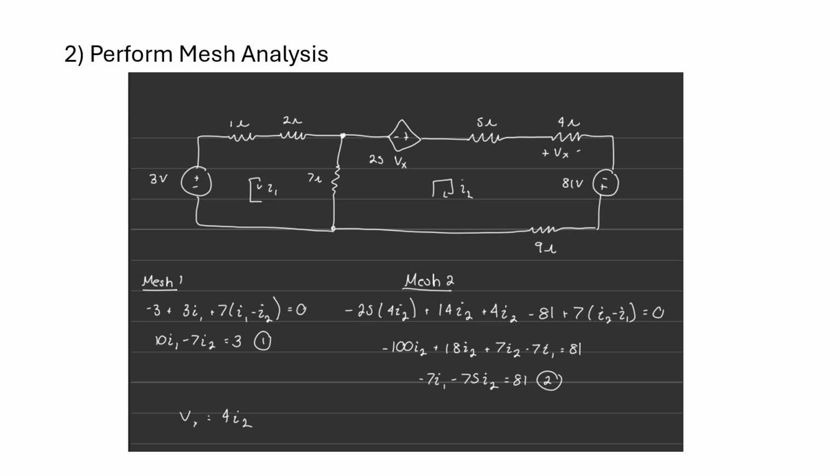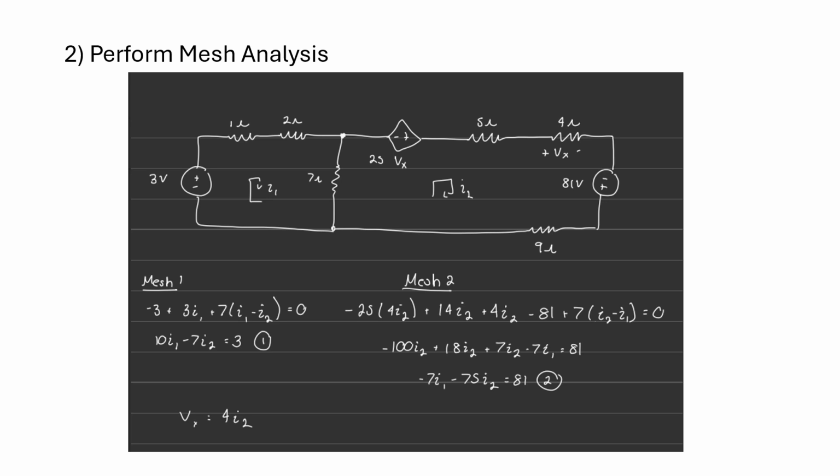So I've written below the simplified circuit and assigned two currents to the left mesh and the right mesh, which I've labeled as I1 and I2 respectively. Now, when we do KVL on the left mesh, we get -3 plus 3I1, which is the combination of the 1 ohm resistor and the 2 ohm resistor to get 3, then plus 7(I1 minus I2).